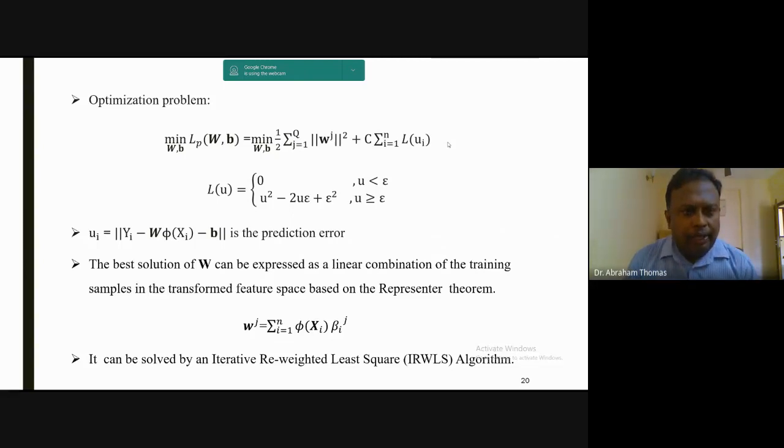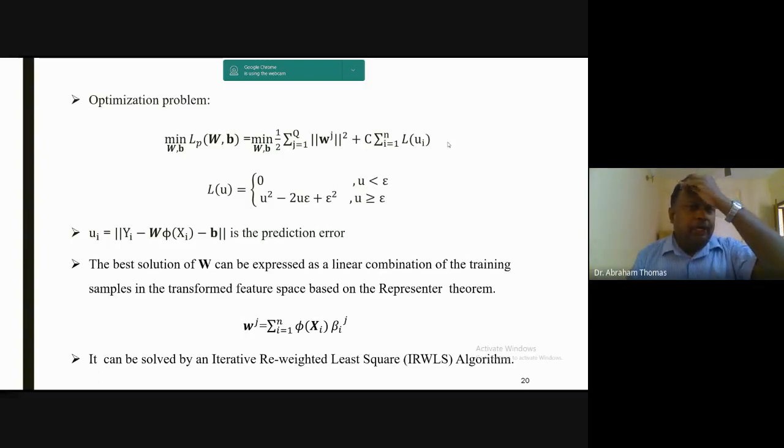Minimize over all W and b the quantity L_P(W, b), which is half times summation j is equal to 1 to q, the L2 norm of Wj the whole squared, plus C, some positive real constant, into summation i is equal to 1 to n of L(ui), where L(u) is the loss function, defined as follows. L(u) is equal to 0 when u is less than epsilon, and it's equal to (u minus epsilon) the whole squared, that is u squared minus 2u epsilon plus epsilon squared, when u is greater than or equal to epsilon.